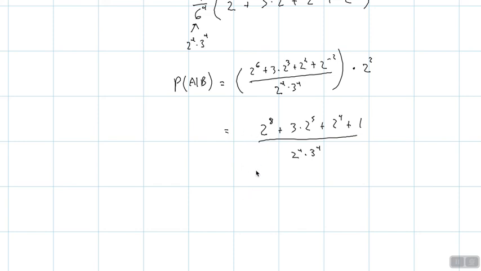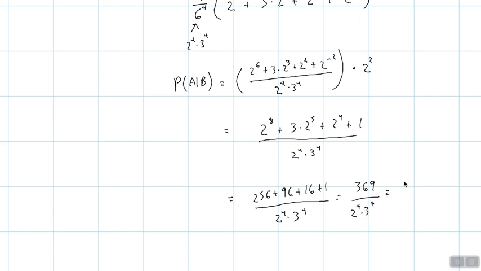And then we can just evaluate this numerator. So we have 256 plus 96 plus 16 plus 1 over 2 to the 4th times 3 to the 4th. And that's going to give us 369 over 2 to the 4th times 3 to the 4th.